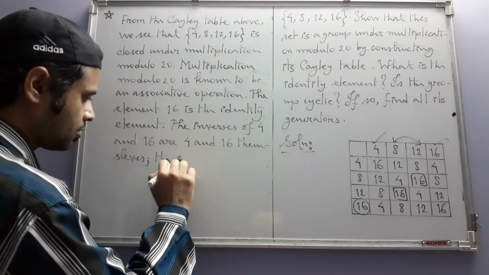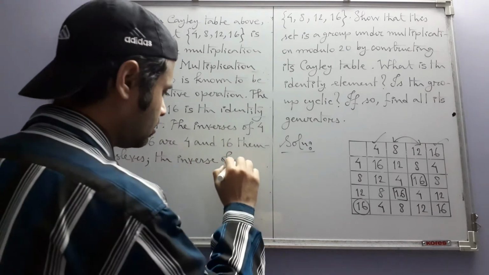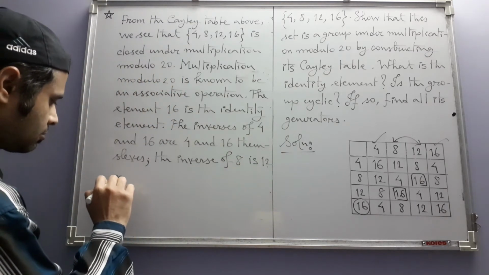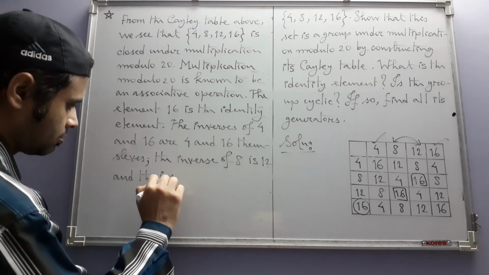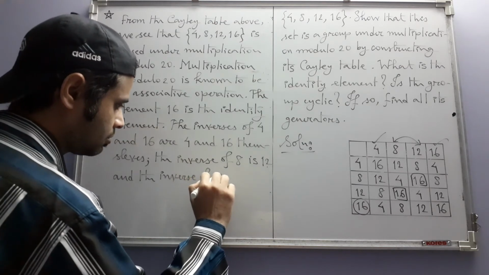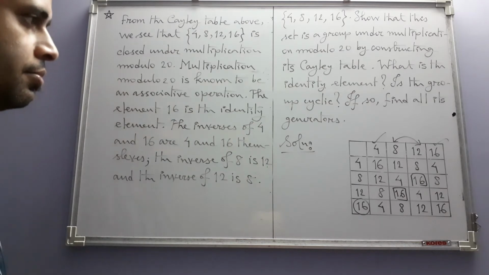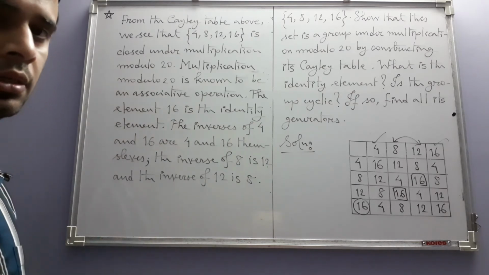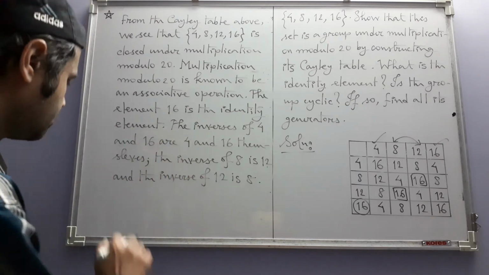The inverse of 8 is 12 and the inverse of 12 is 8. Okay, so we have said what the identity element is, and we have also shown that this is a group.